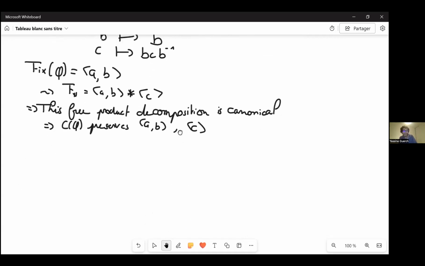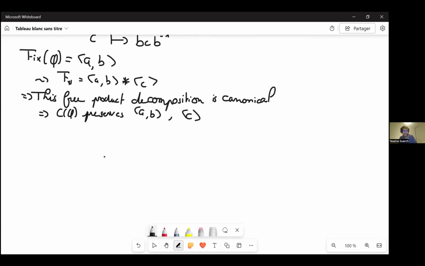And so, in particular, the centralizer of phi will act and will preserve the Bass-Serre tree associated with <a,b> and <c>. So you see that in some cases, you can find a canonical free product decomposition, and therefore you can find a canonical action on a canonical Fn tree, which is preserved by the centralizer of phi.